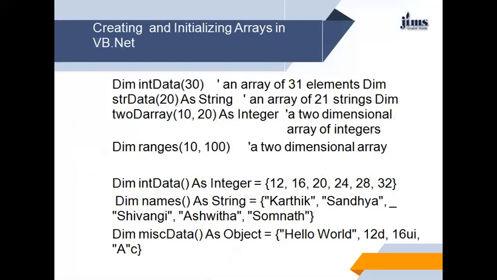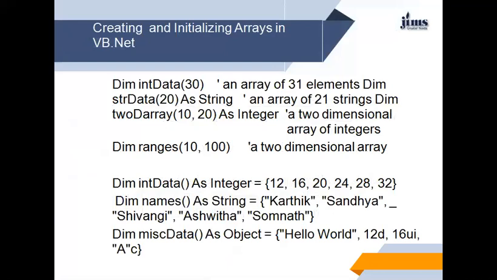Similarly, we can also write Dim intData() as Integer, where you are declaring the array as well as initializing it, 12, 16, like this. Again, Dim names() as String equals Karthik, Sandhya, like this. So these are all string arrays, and at the same time you are initializing.